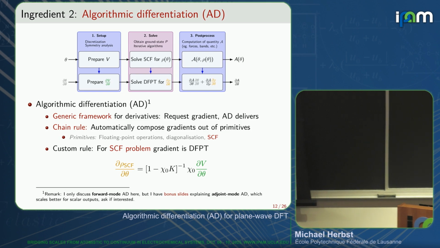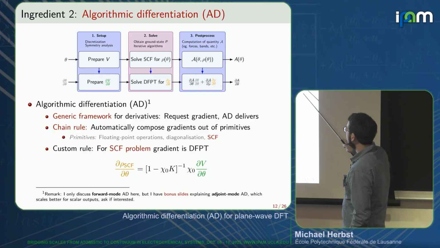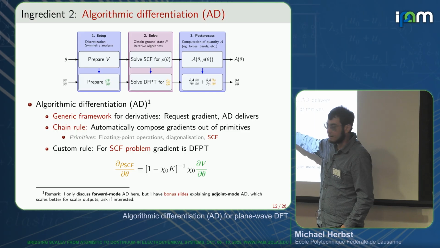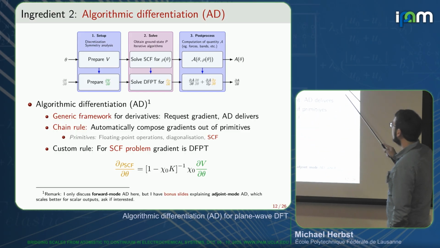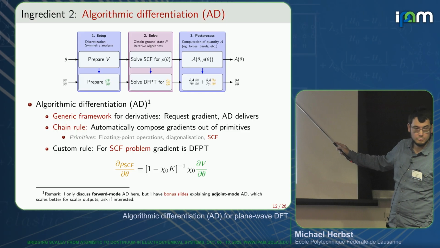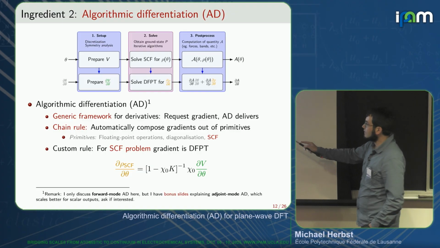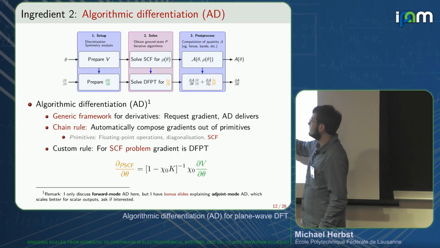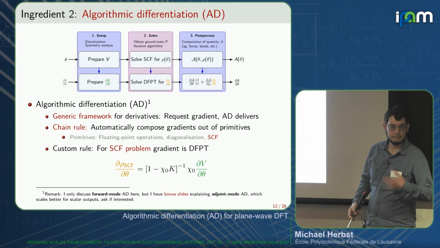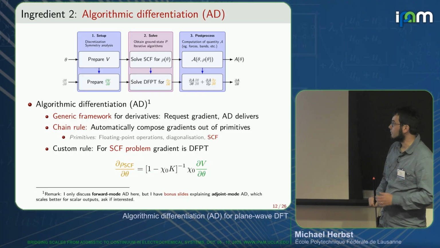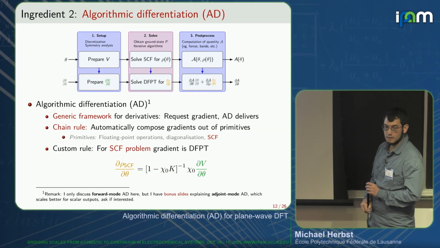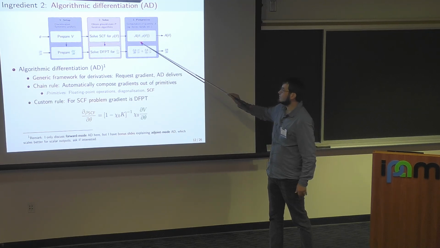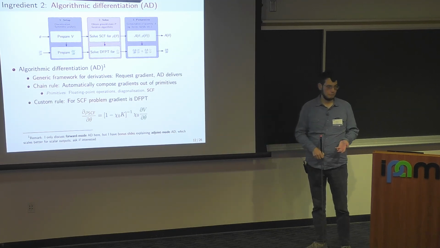Now, on the DFT side, the idea is that a typical computation going from some input parameters, like exchange functional parameters, to some output quantity of interest, which I called Q before and now call A, goes through three steps. You set up your problem based on your parameters, you build the representation of your potential, of your Hamiltonian, then you solve the SCF, and then with the self-consistent density, you compute your quantity of interest.